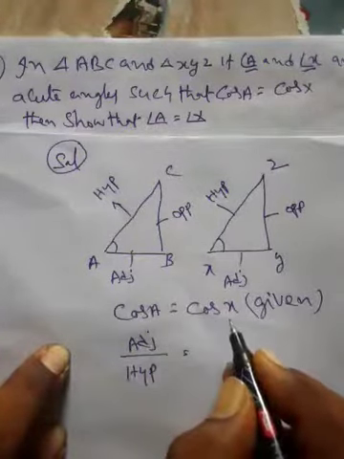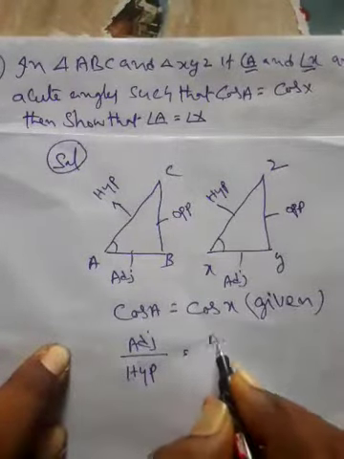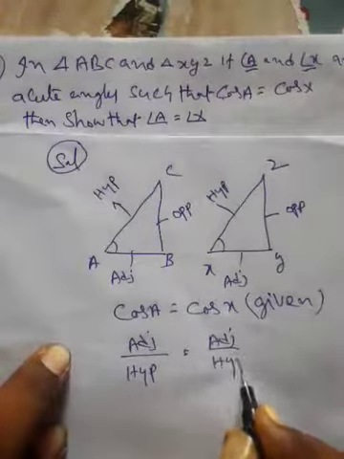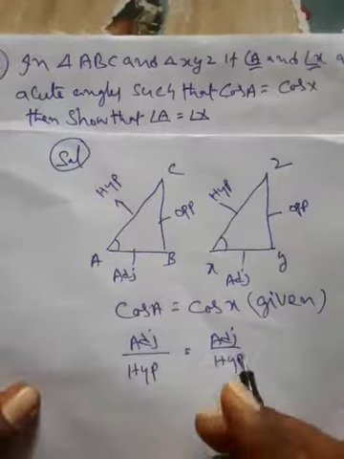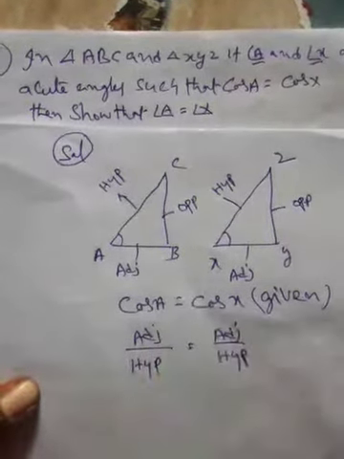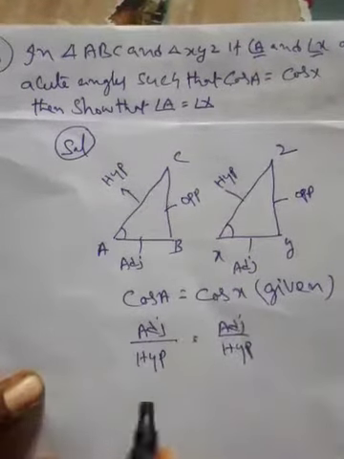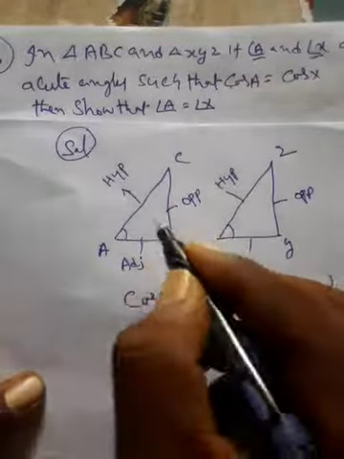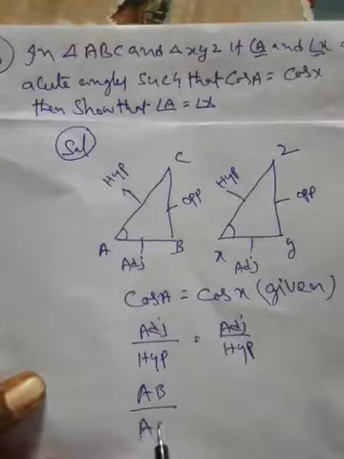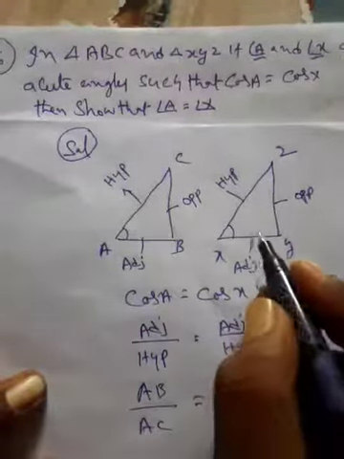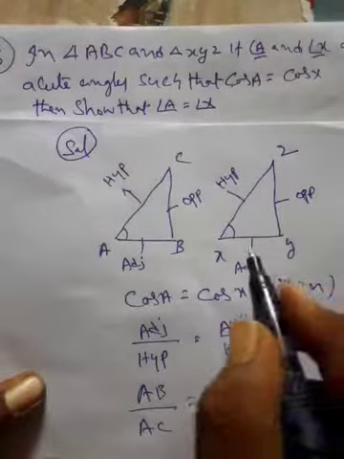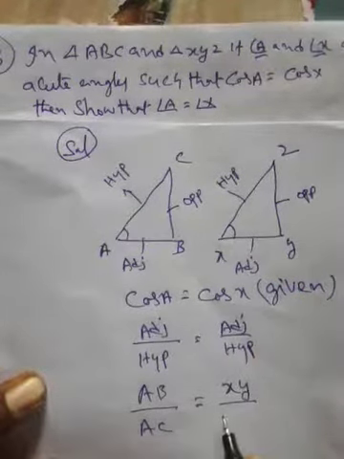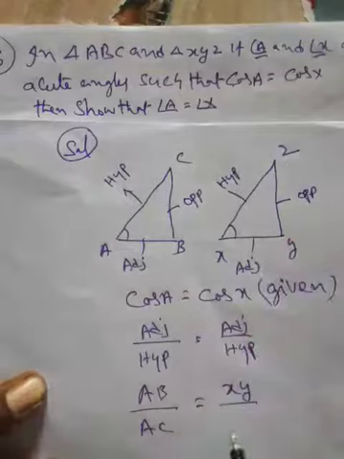This cos X is also adjacent side by hypotenuse. In this triangle, what is the adjacent side? AB. AB by hypotenuse AC is equal to, in the other triangle, what is the adjacent side? XY. XY by hypotenuse XZ.